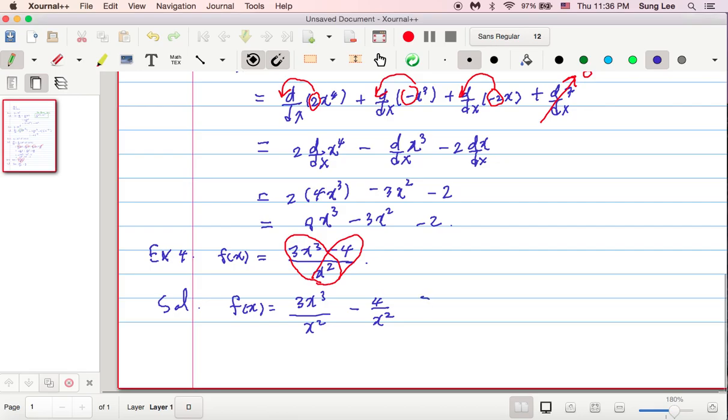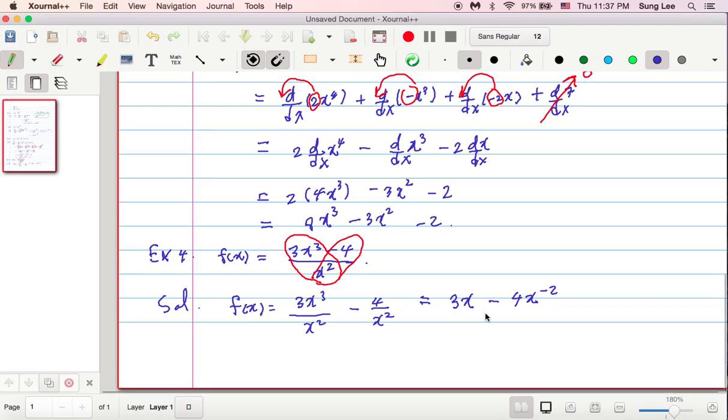And using the basic properties of exponents that you learned in algebra, in the case 3x cubed divided by x squared, that's 3 times x, minus 4 times x to the negative 2. So we can actually rewrite this f of x in the form to which the power law can be applied, right?